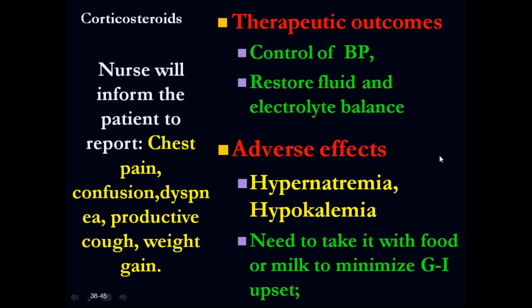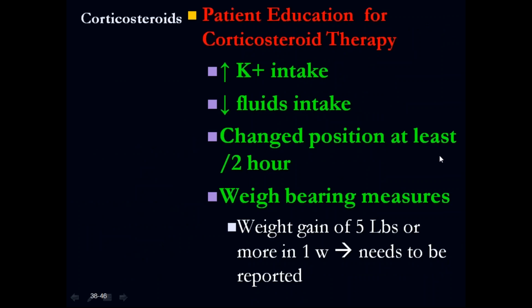Corticoids. Patient education for corticoid therapy: increase potassium intake, decrease fluid intake because of the retention of fluids, change position at least every 2 hours. When patients have edemas, they are going to develop pressure ulcers.